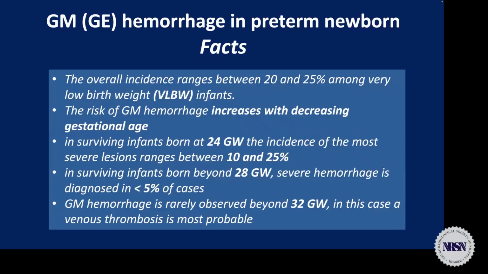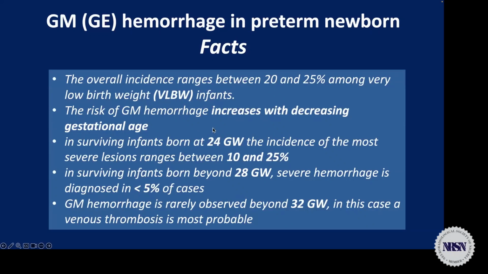What do we know about germinal matrix hemorrhage? We know that the incidence is greater in very small preemie and in very low birth weight infants. The risk of germinal matrix hemorrhage increases, in fact, with decreasing gestational age.